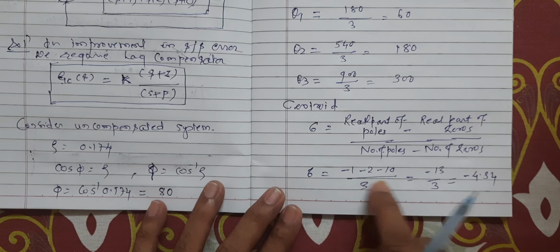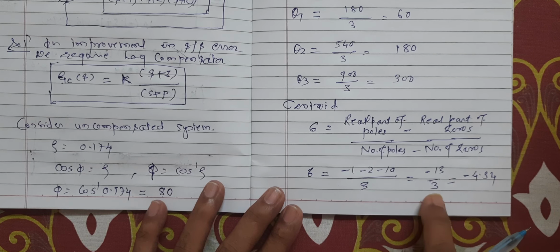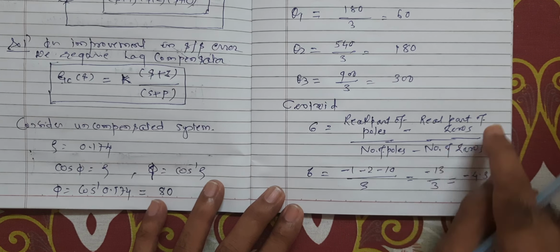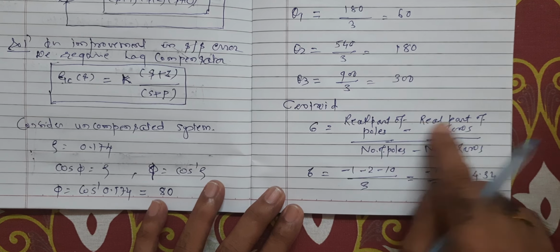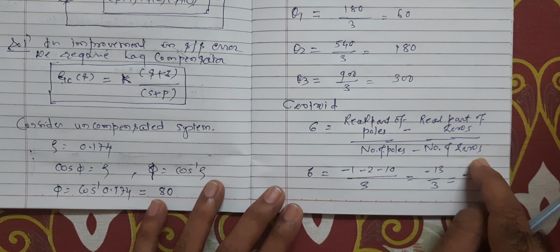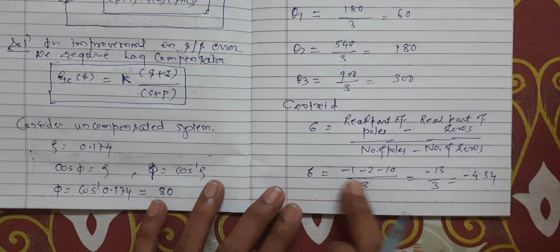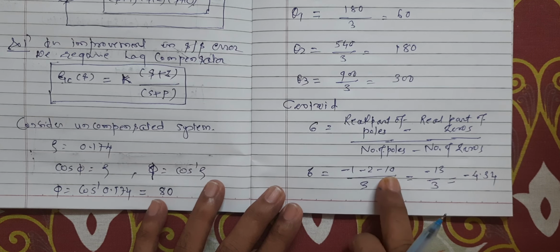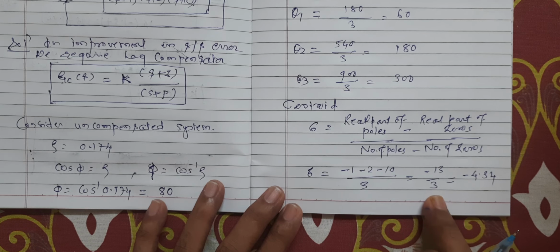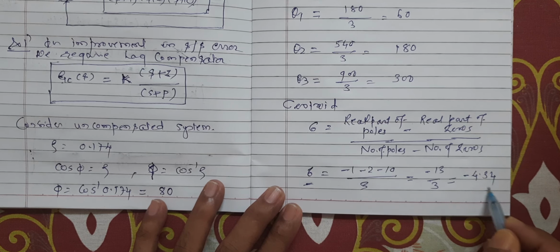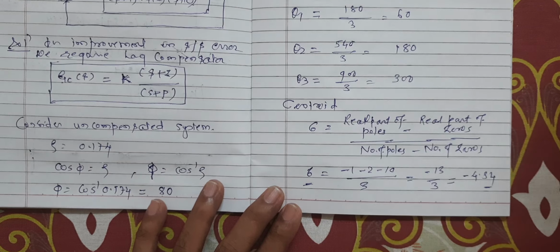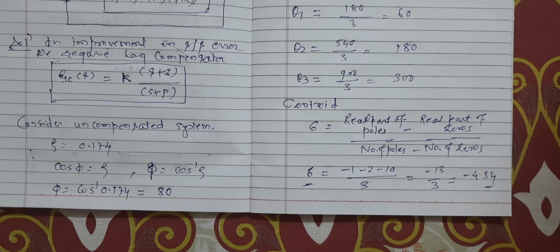If we sum these, it is minus 13, divided by 3, the number of poles. There are no zeros in the system, so the real part of the zeros is 0 and the number of zeros is 0, so we consider only poles. So this becomes minus 4.34. So the centroid and the angles have been calculated.